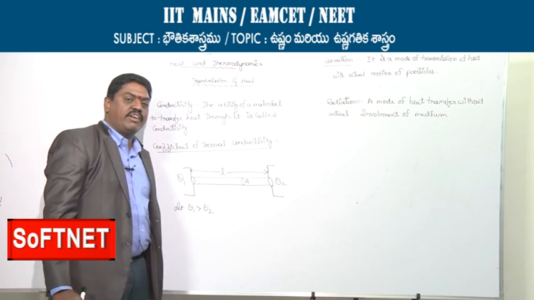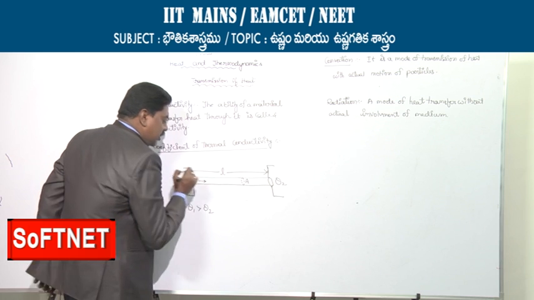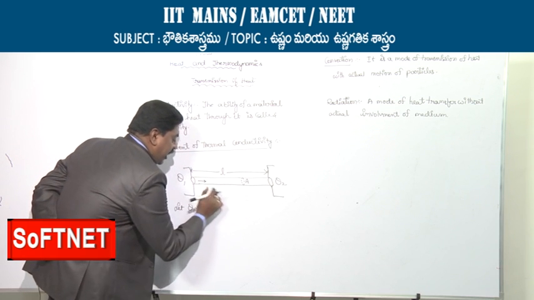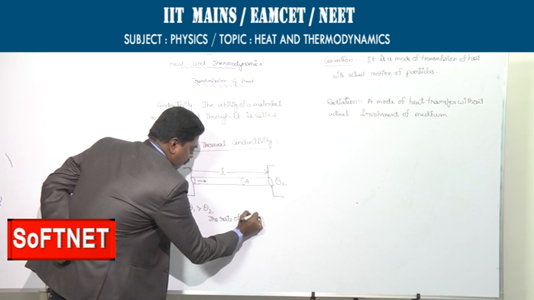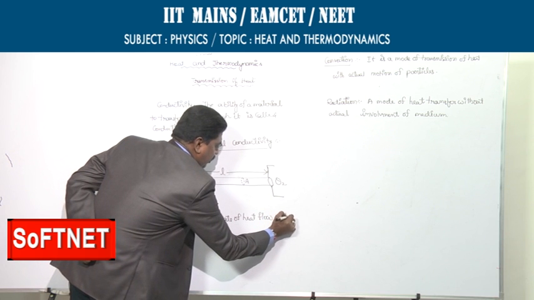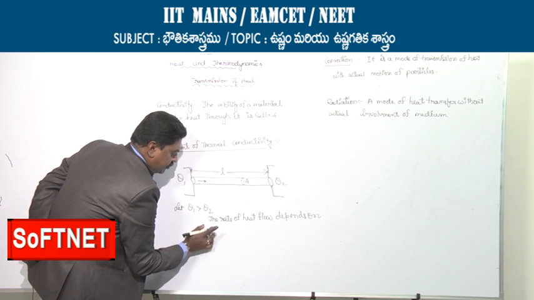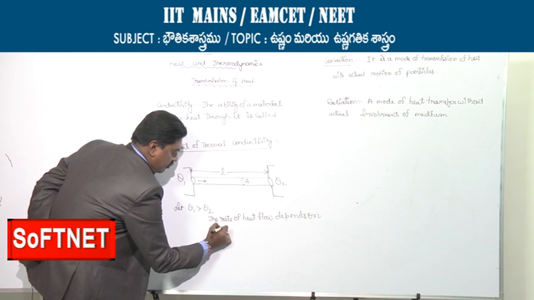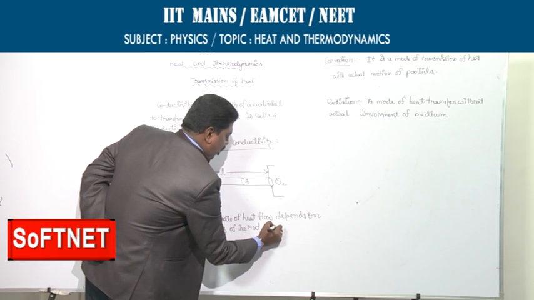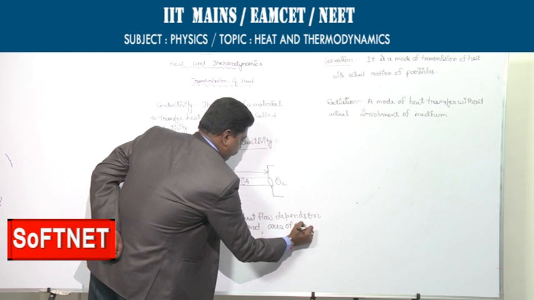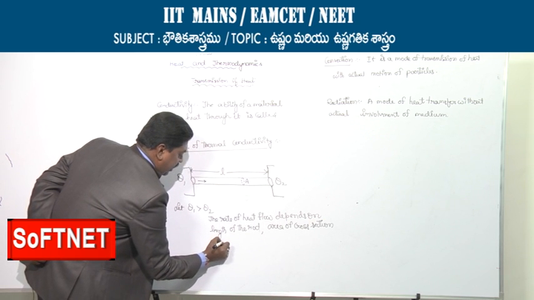Then heat transfer will take place from theta 1 to theta 2 through the metallic rod. The rate of heat flow depends on the length of the rod, area of cross section, and difference of temperatures.